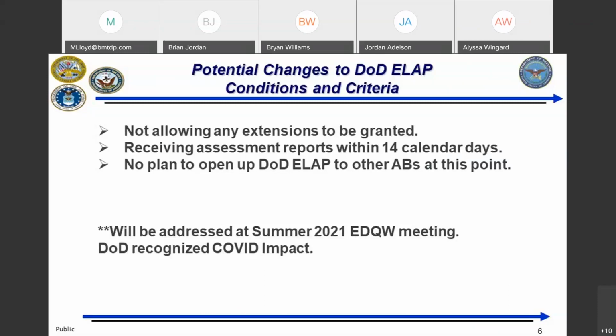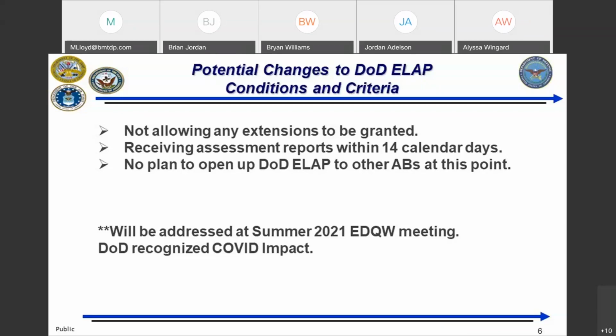That's really not showing us a level playing field. When one laboratory may have an extension granted that allows them not to have an on-site as often as others, I'd like to note here, there is one accrediting body that does not allow extensions to be granted at all. So we are really tracking that closely.